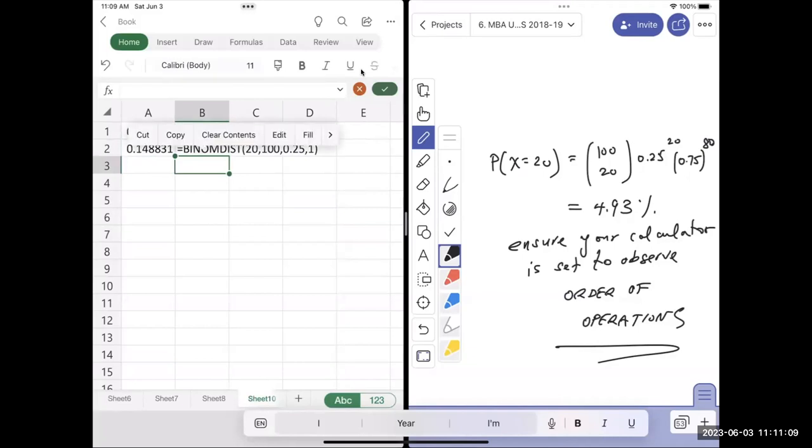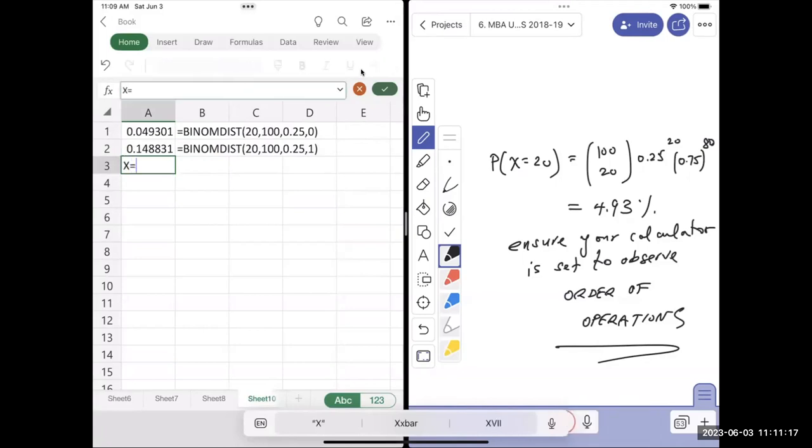So what I'm going to do is generate the distribution. So I'm going to put, like I did last class, x equals x and probability x equals x. And always don't forget the 0.